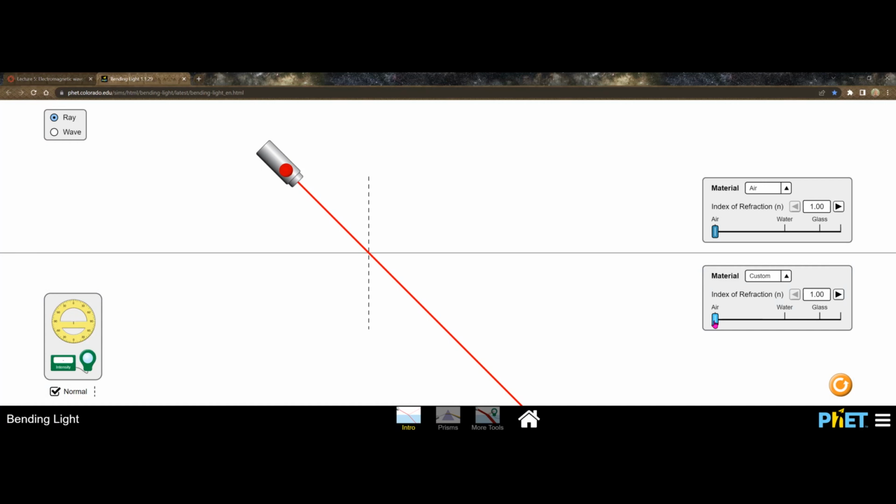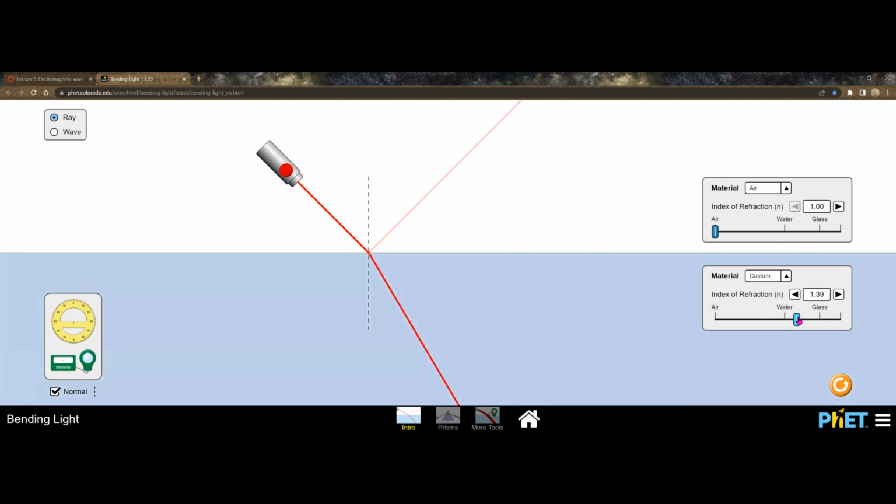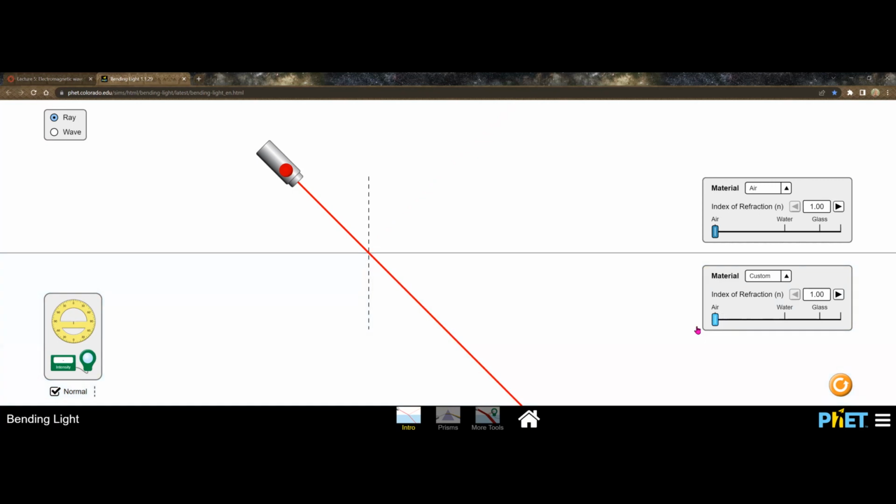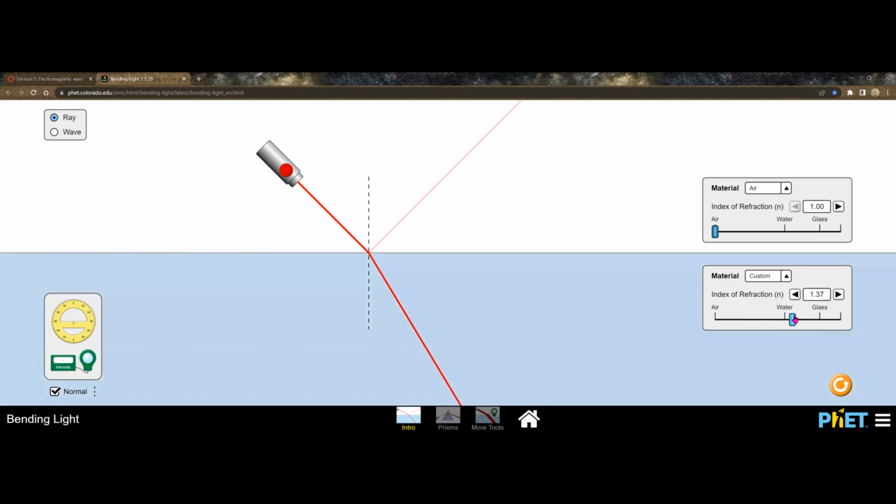From this central line, you can see that the ray is moving towards the normal. That's why I say that if the bottom has a higher index of refraction than the top, there's bending. The higher the index of refraction, look at water, look at glass, you can see that it bends even more.